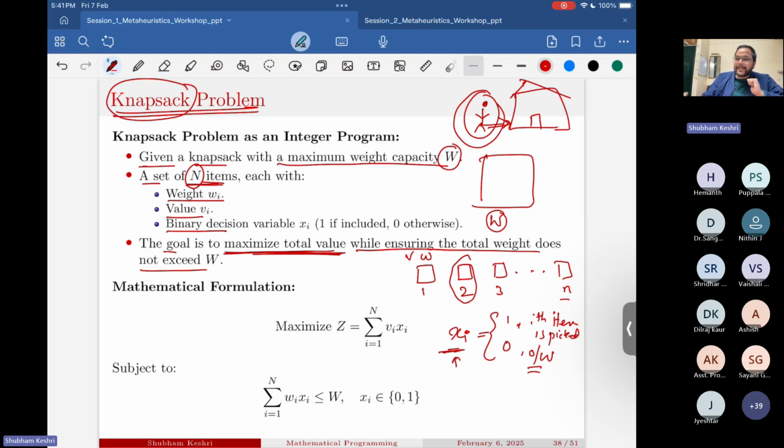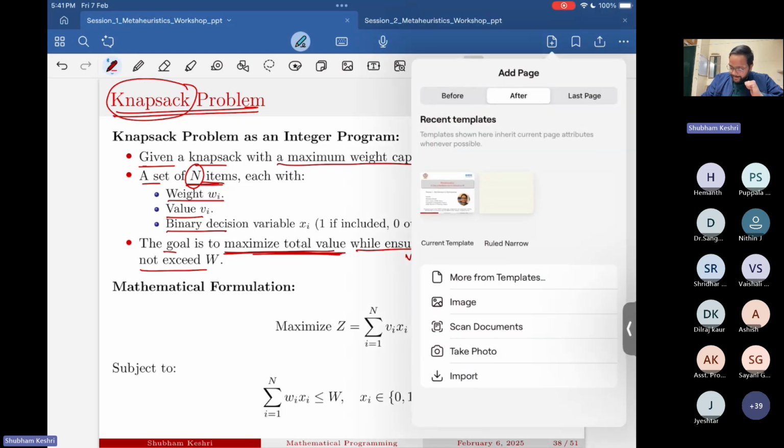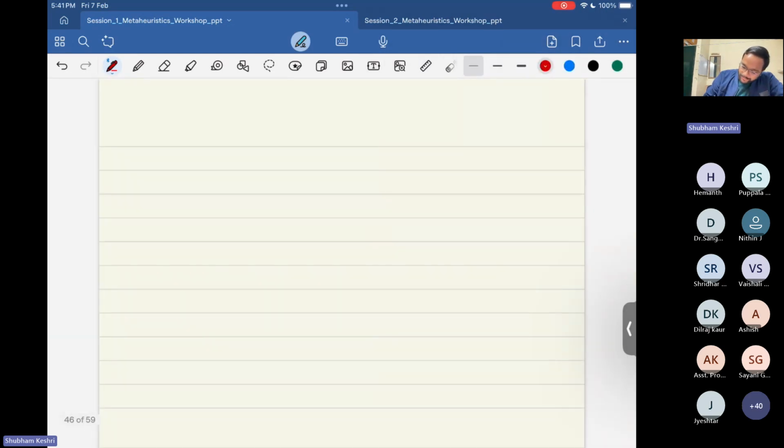Okay. So if we write it as a mathematical model, how will that mathematical model look? Let us write it first. What is our variable xi? It takes two values, 1 if the ith item is picked and 0 otherwise. So what is the total value he is getting?